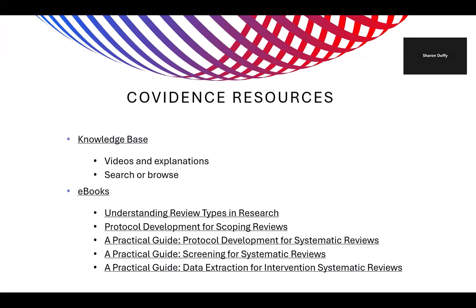So you can just go in there, type in PubMed, and it'll take you right to that page. They also offer many ebooks, and they're continuing to come out with more. These are great. I send them to people who are new to either the review process or to Covidence. They're very easy to understand, good background information if you're interested in learning more about these different processes.